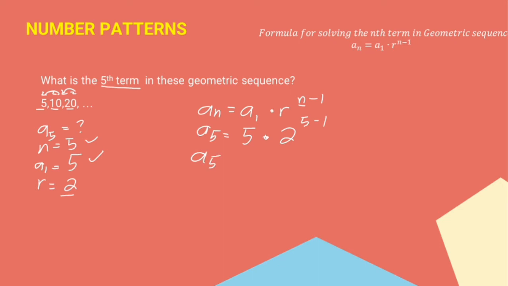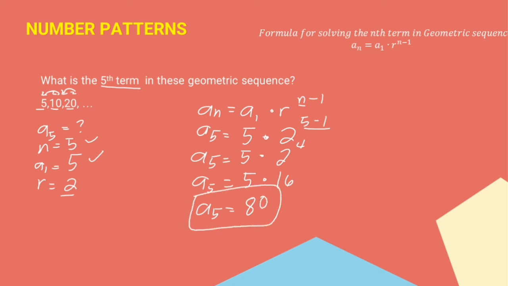Then, i-minus muna natin si 5 minus 1, that is 2 raised to the 4th power. So a sub 5 is 5 times 2 raised to the 4th power. 2 times 2 is 4, times 2 is 8, times 2 is 16. So a sub 5 equals 5 times 16, that is 80. So, ibig sabihin, ang pang-limang term sa sequence na 5, 10, 20 is 80.